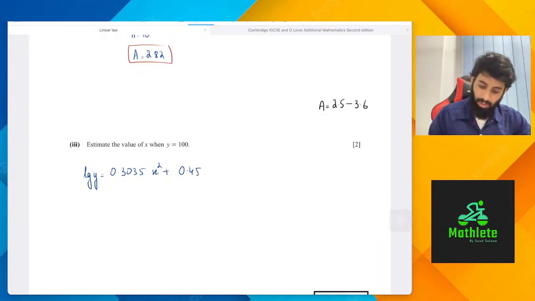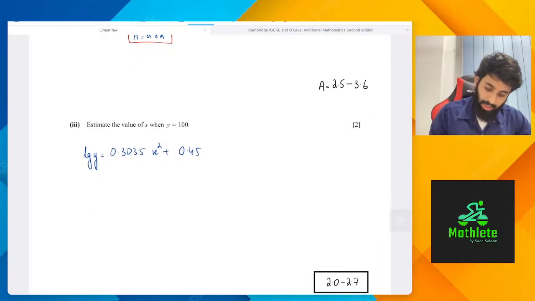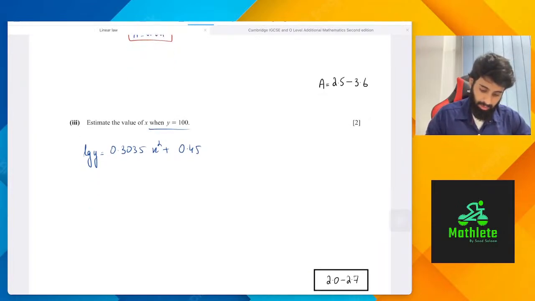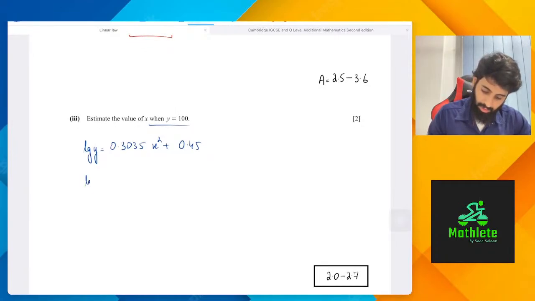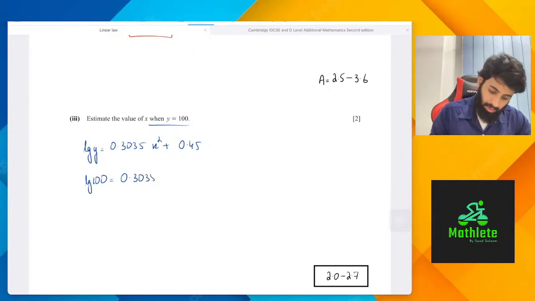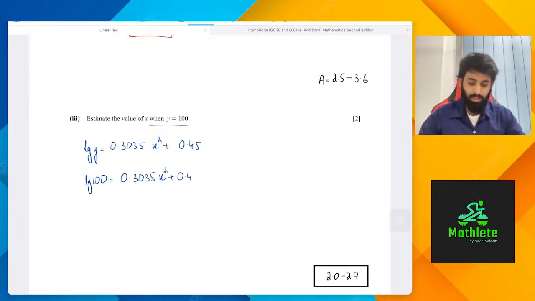Now it says find the value of x when y is equal to 100. How will we find the value of x? So LG 100 is equal to 0.3035 x squared plus 0.45. Now we're going to work this out one by one.